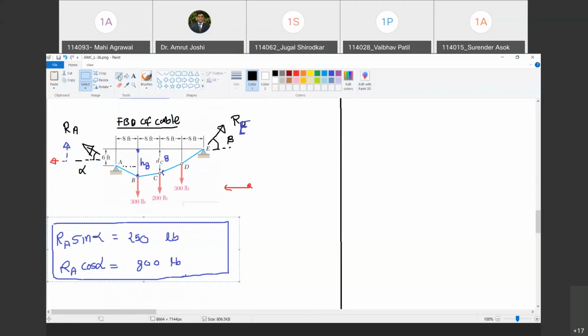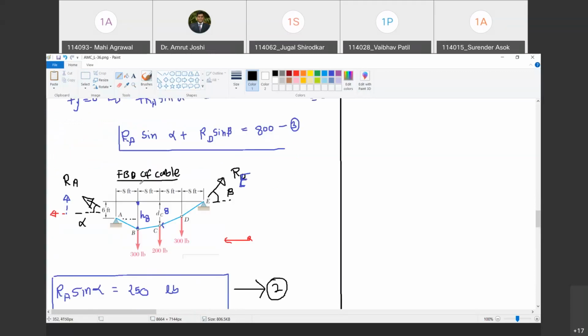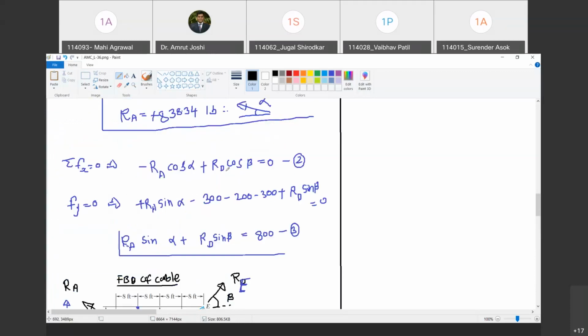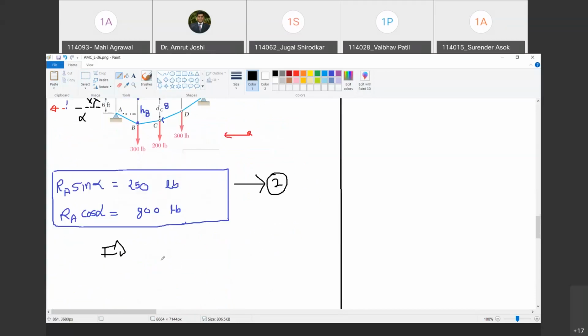So you substitute these values in equation number 2, and that gives you RD cos beta is equal to 800. Do you agree with me? Yes, sir. So RD cos beta is equal to 800. This is the equation that we have got.